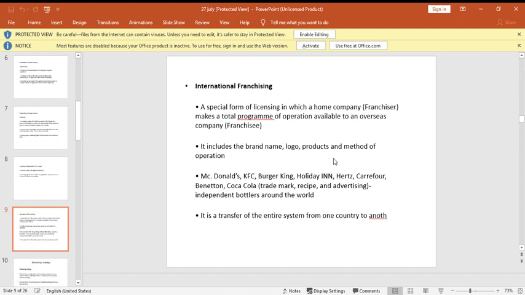Then, international franchising, a special form of licensing in which a home company makes a total program of operation available to an overseas company. It includes the brand name, logo, products, and method of operation.